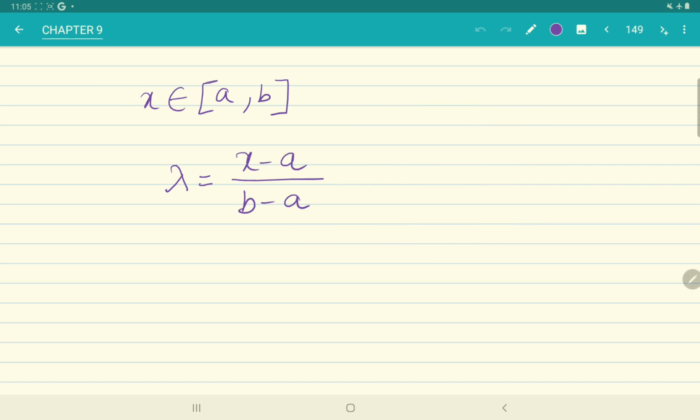Conversely, if I start with x belonging to a to b, that closed interval, and I put lambda equal to this, that just means this implies I have 0 less than or equal to lambda less than or equal to 1.